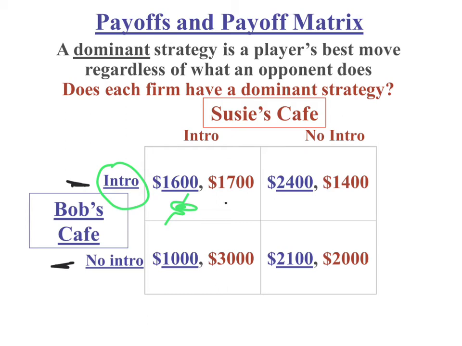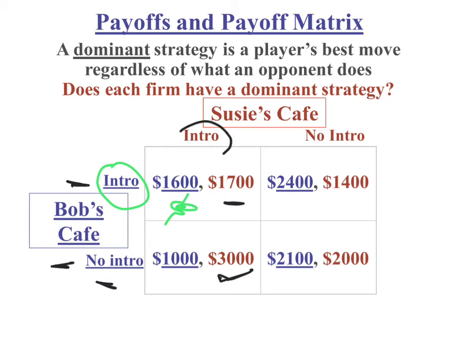So Susie should definitely intro. If Bob decides not to intro, and Susie knows that Bob's not going to introduce that breakfast sandwich, Susie can either introduce for $3,000, okay, or not introduce for $2,000. So she should definitely introduce, okay?